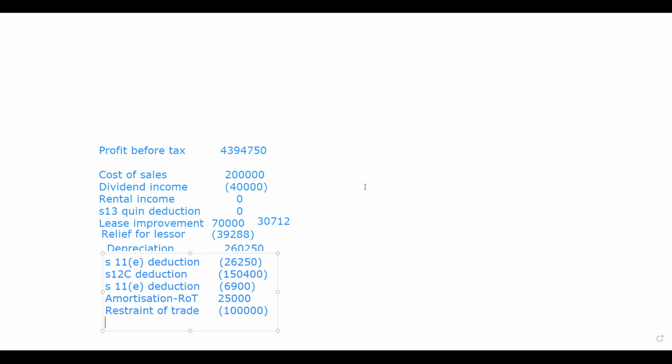So agent's commission of 210 and valuation fees of 120,000, right? Then JJ originally erected the old manufacturing building themselves, and it was used wholly for manufacturing purposes, right? They started construction on 1 January 2001 and brought the building into use on 1 January 2002.